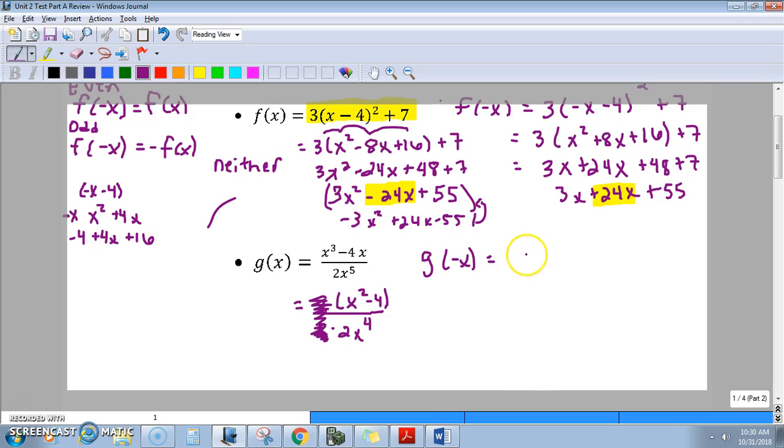So what this looks like is, instead of x cubed, we have negative x cubed minus 4 times negative x over 2 times negative x to the 5th power. Okay, so what I want to do here is put that negative x on the inside.